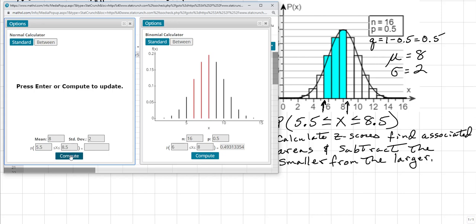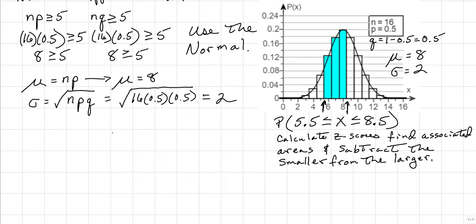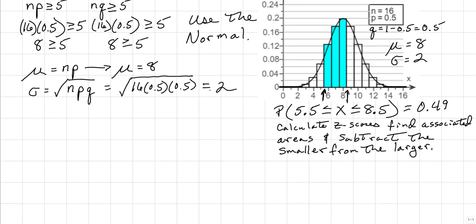Then we simply left click compute, and you'll notice that the probabilities are virtually identical. There's very little difference between them. And if we go ahead and simply round this one to 4 decimal places, it would be 0.4931. So the probability is equal to 0.4931, the same thing as we got up here.